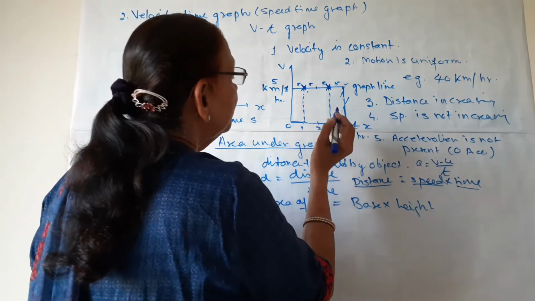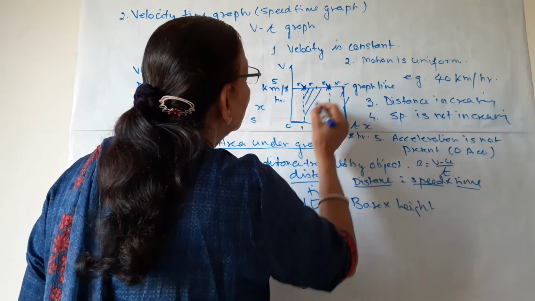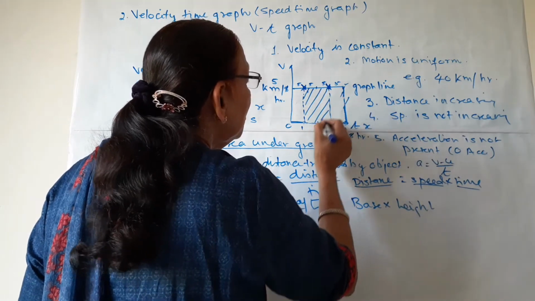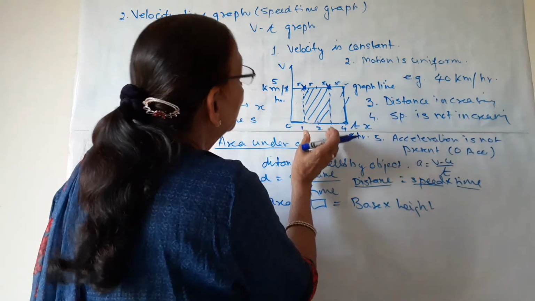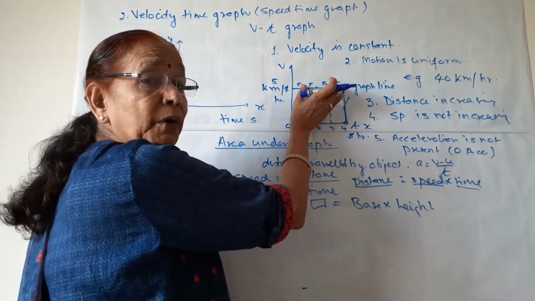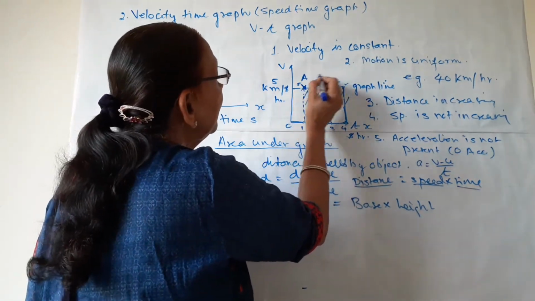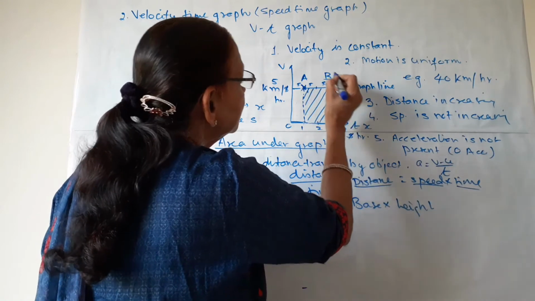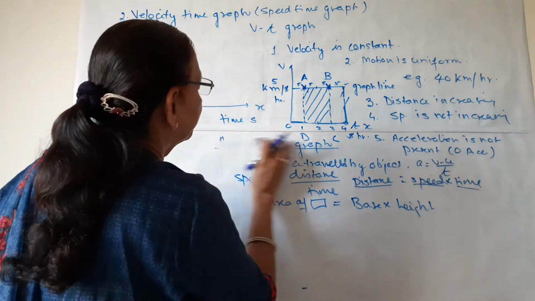If we calculate the area of this shaded rectangle, then we can know the distance covered in this time interval between A and B. Suppose this is A, B, this is C and D.